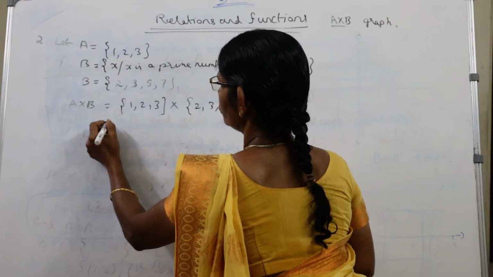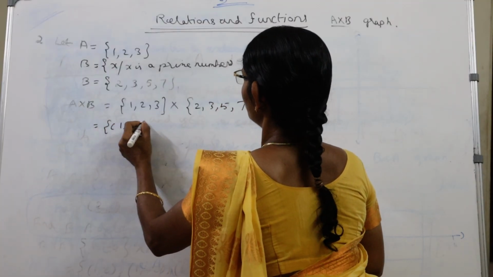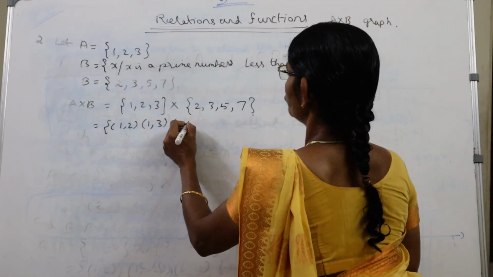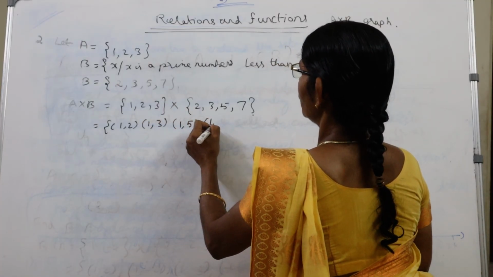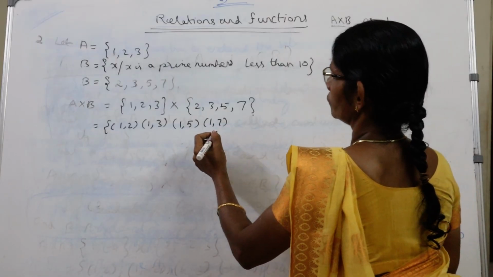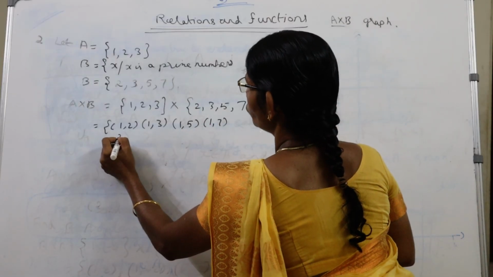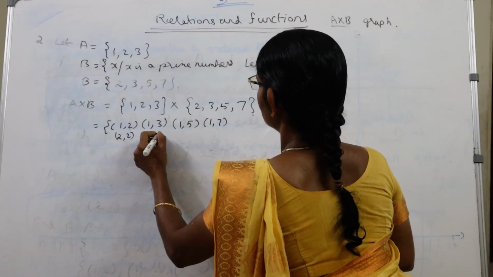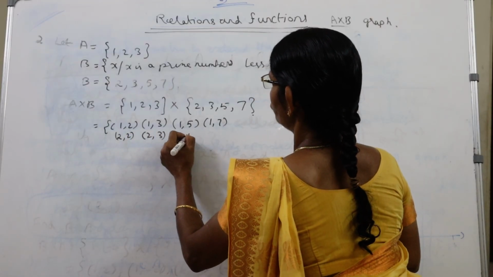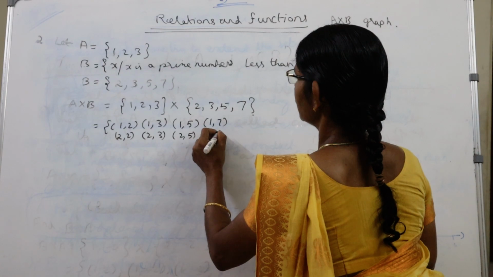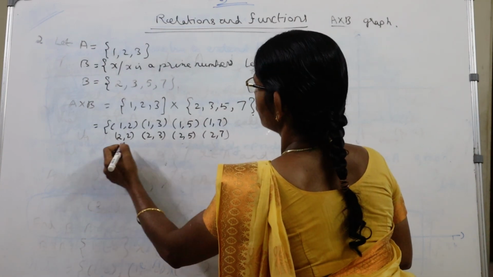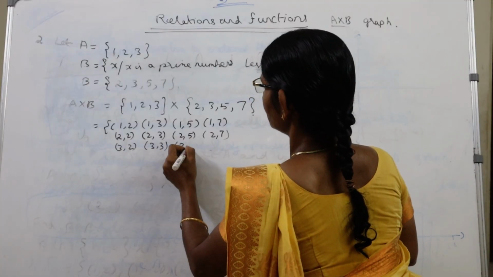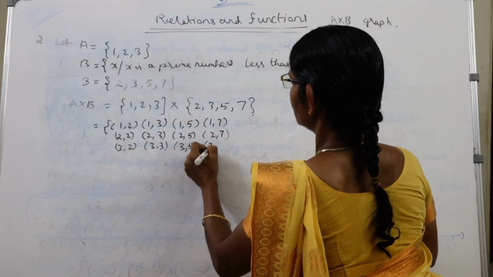A cross B equals (1, 2), (1, 3), (1, 5), (1, 7), (2, 2), (2, 3), (2, 5), (2, 7), (3, 2), (3, 3), (3, 5), (3, 7).